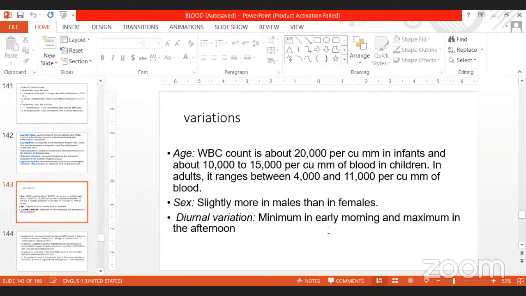There is a slight increase in WBC count in males compared to females, and the minimum WBC count is seen in the early morning and the maximum in the afternoon.